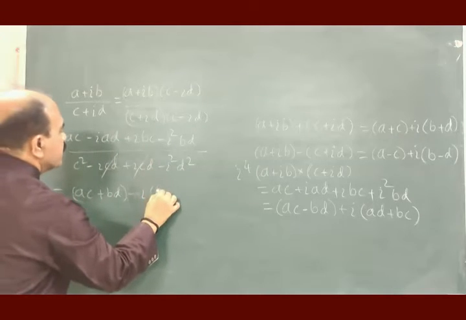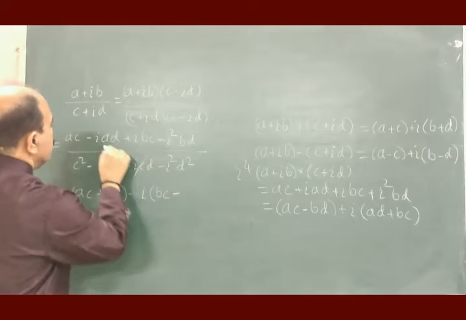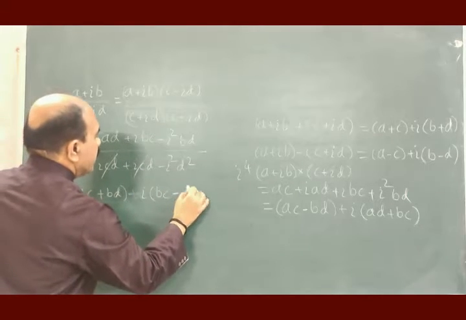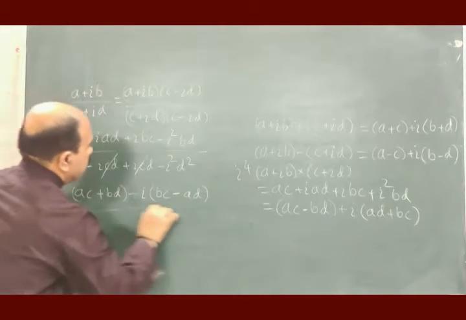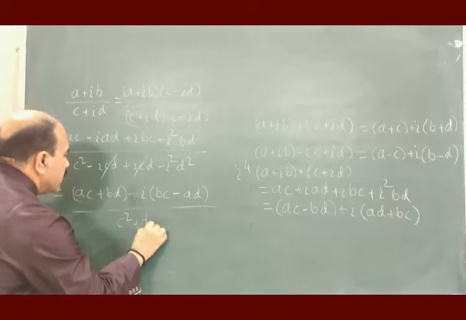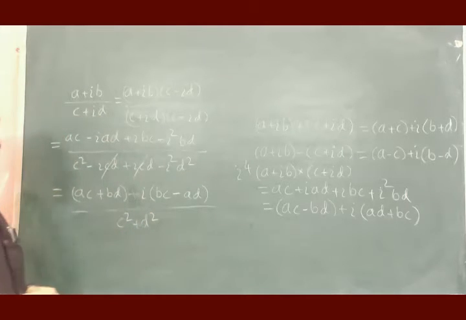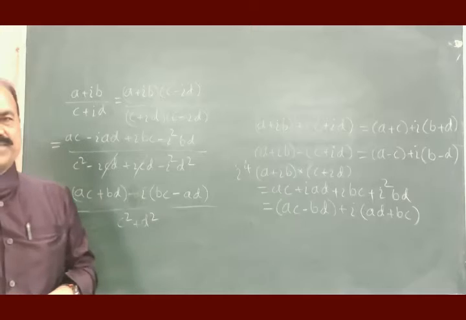What is left is BC, this is plus term, minus this is AD, whole divided by C square plus D square. This is the formula for the division of two complex numbers.